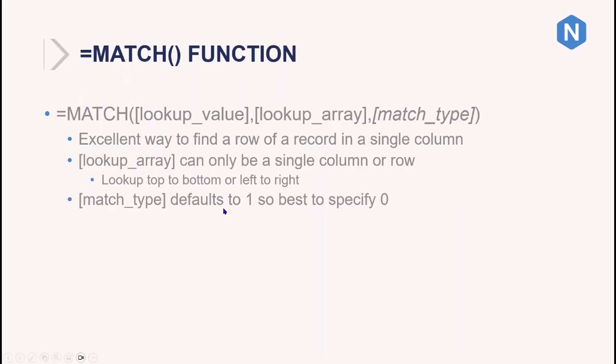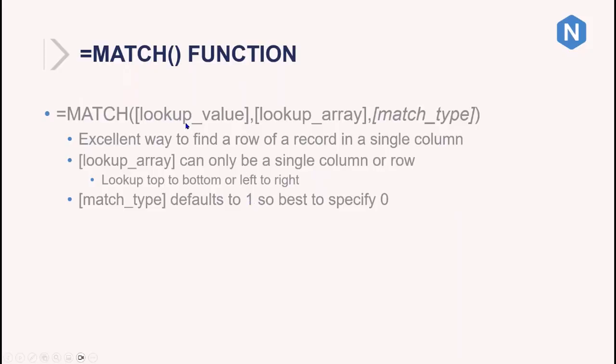The match type defaults to a 1 up here. So I typically specify 0, which is an exact match. Whatever you tell it the lookup value is, whatever that exactly is, it will try to find it in the array if you specify 0. 1 is like a soft lookup.